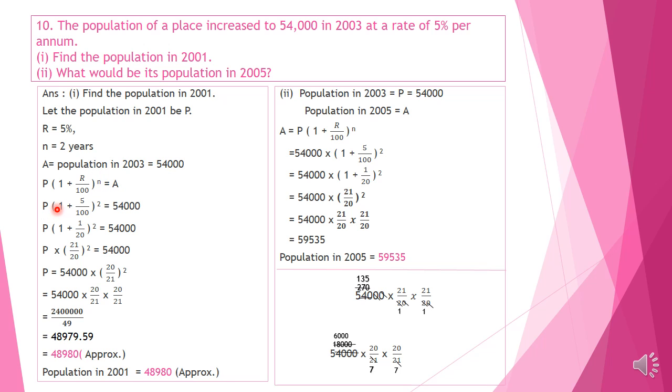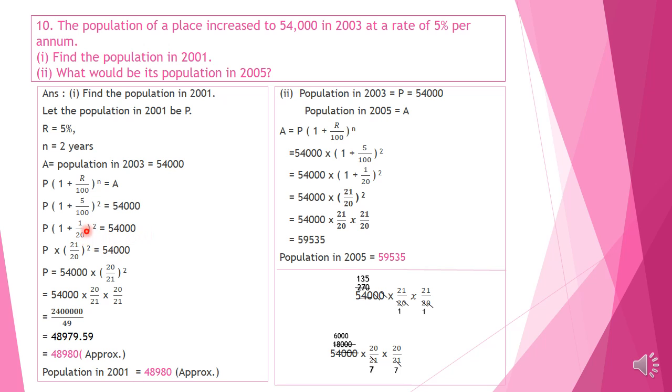P into 1 plus R is 5 divided by 100 raised to N is equal to 2 is equal to A. A is 54,000. Now 5 by 100 we can simplify. 5 in 100 goes 20 times. So we get P into 1 plus 1 by 20 raised to 2 is equal to 54,000.